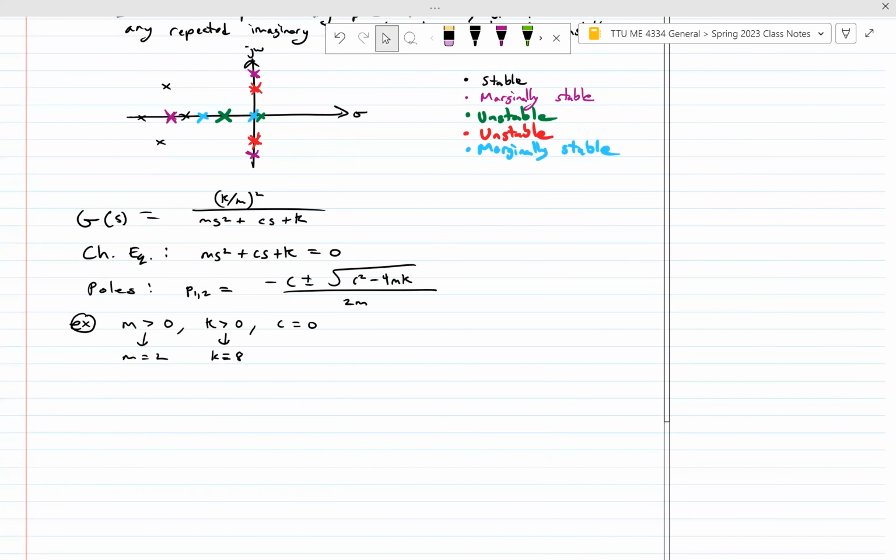Neutrally stable? Somebody said that. Who said it? So we got marginal stability as a guess. And why is that?